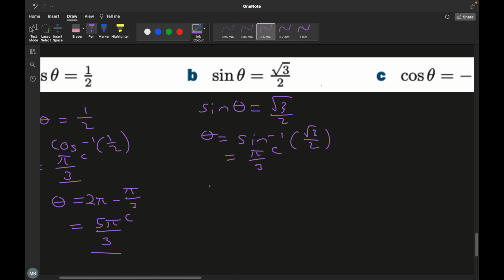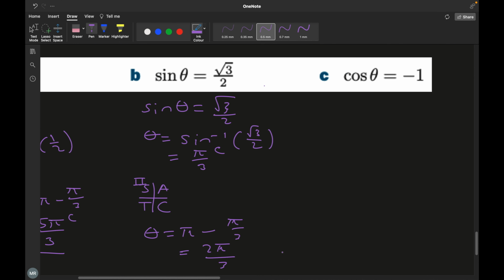We'll look at it. So this is the reason All Students Trust Cambridge. And then sine is positive in the second quadrant. Therefore, the next value of theta would be pi minus pi by 3, which is 2 pi by 3.